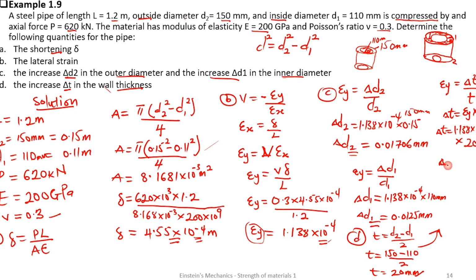So the change in thickness is going to give me what value? I'm getting 2.276 times 10 raised to the power negative 3 millimeters. Yes, this is in millimeters. You can convert it to meters later.